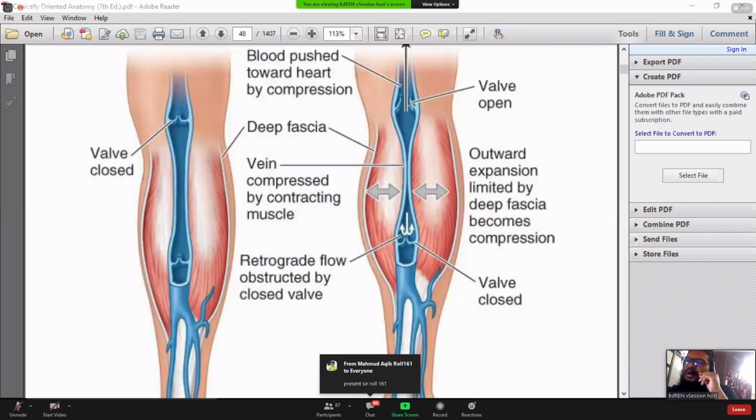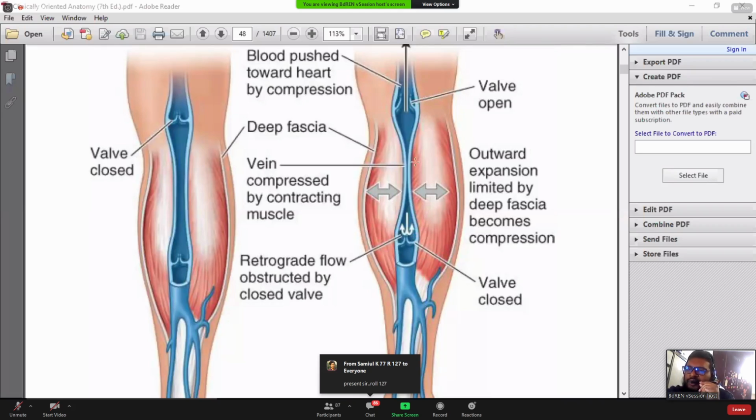In this way, the blood returns to the heart. That's why it is called the peripheral heart. These valvular sinuses within the deep muscles of the back of the leg are called the peripheral heart or sural heart. So this is the mechanism by which venous return is aided.